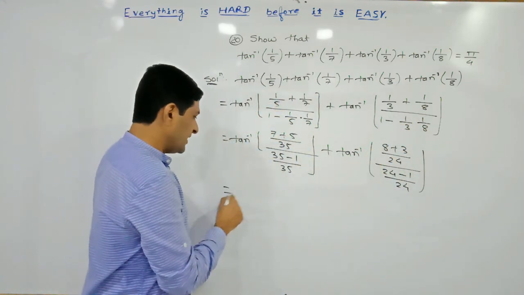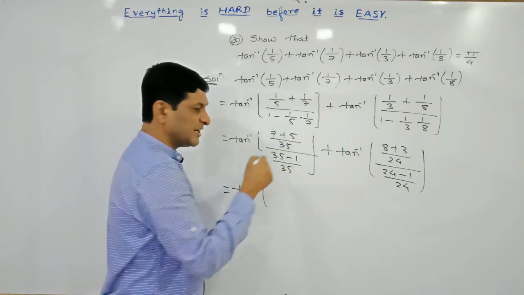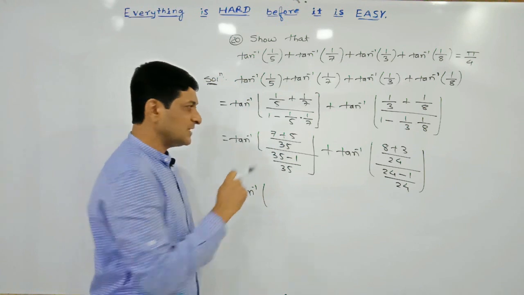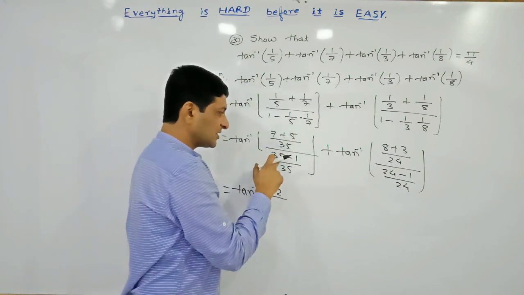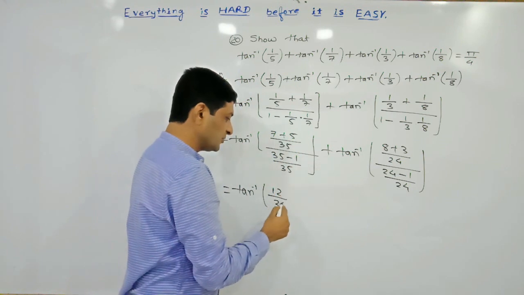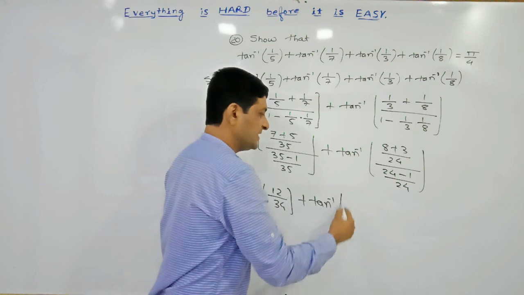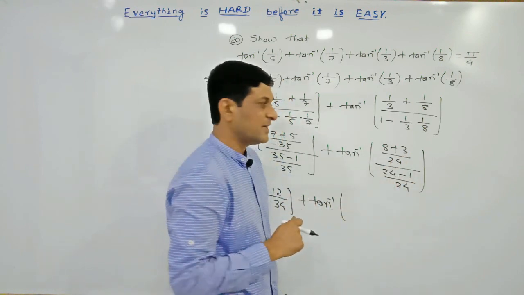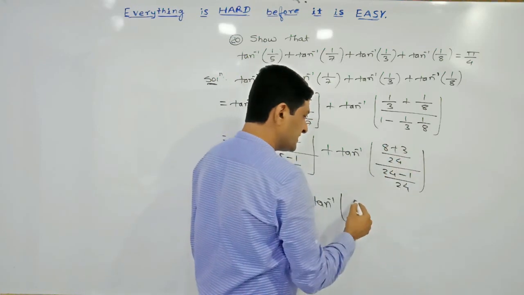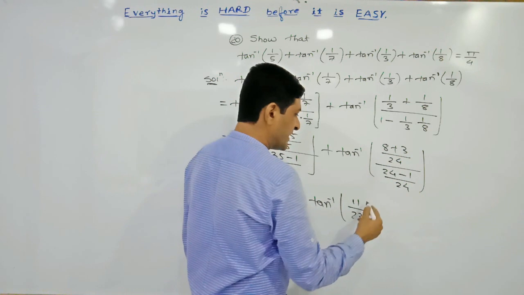So which is equal to tan inverse of, here from numerator and denominator 35 will get cancelled. Here we will get 7 plus 5 equals 12, and 35 minus 1 equals 34, plus tan inverse of, after cancelling 24 from numerator and denominator, 8 plus 3 is equal to 11, and 24 minus 1 equals 23.